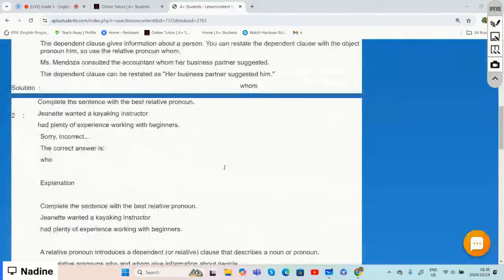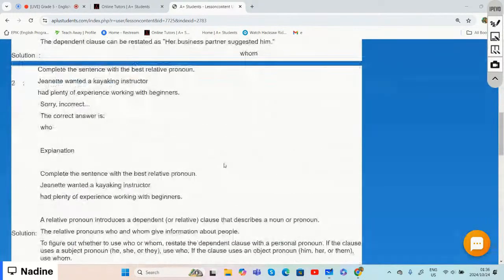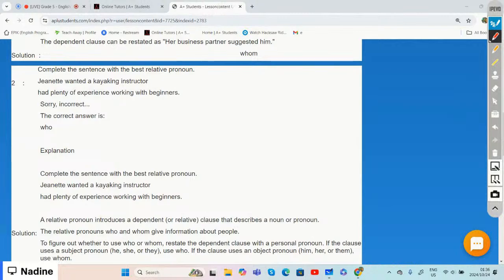Whom is correct. The next one says Janet wanted a kayaking instructor. So kayaking instructor, do we say who or do we say whom? Had plenty of experience working with beginners.